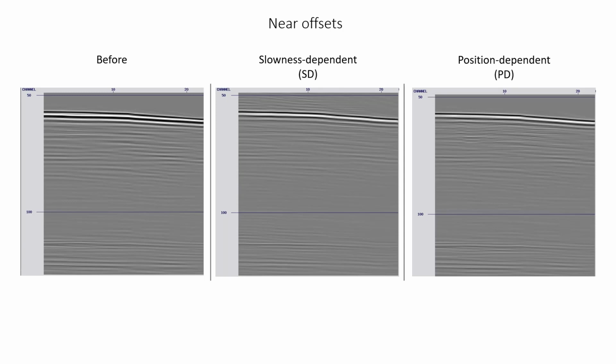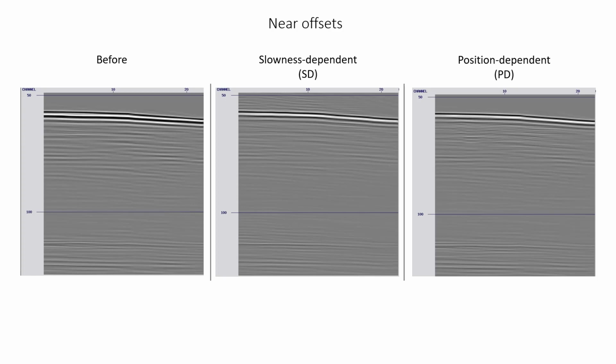And this is probably one of the simpler methods I could think of to try and do this. So this is in the near offsets, the first 20 or so channels. This is before the deghosting. That's the slowness dependent, which is just the normal method. This is the position dependent that we're discussing here.